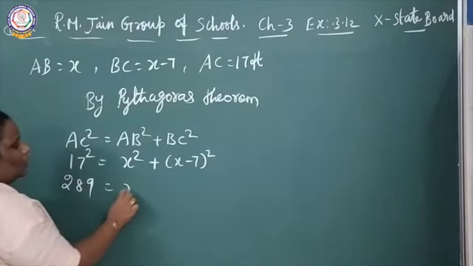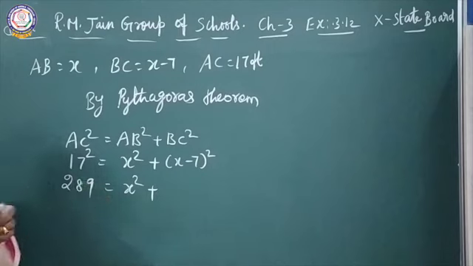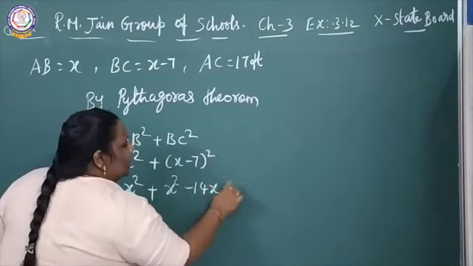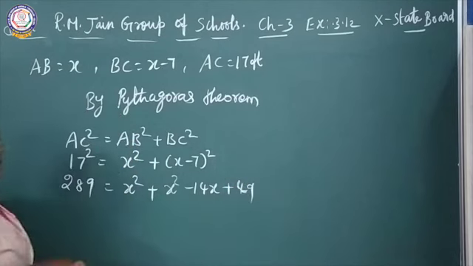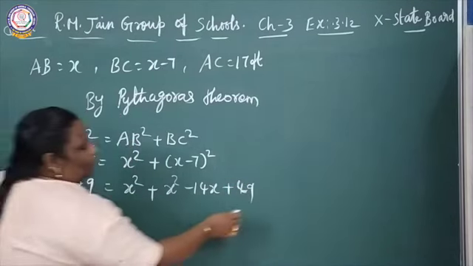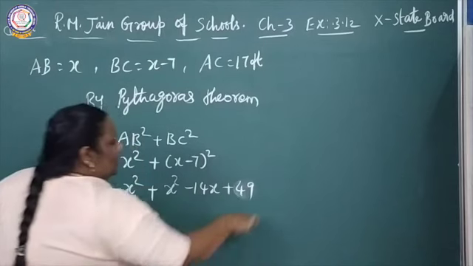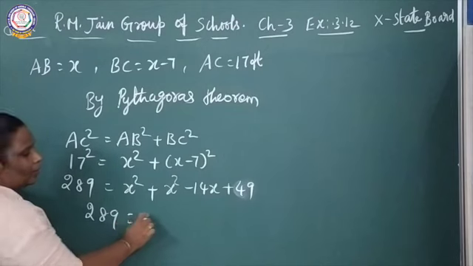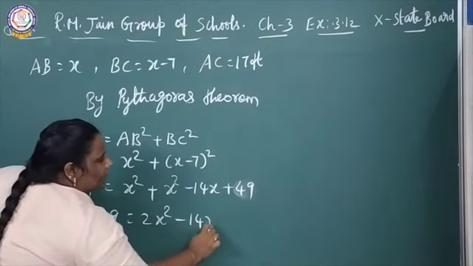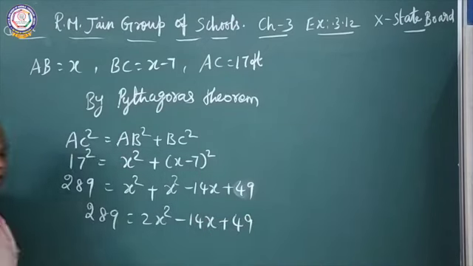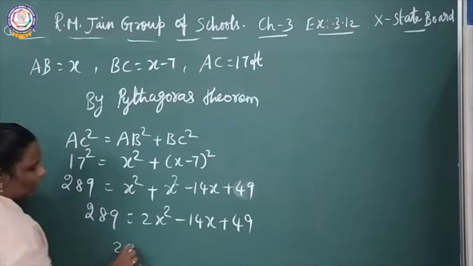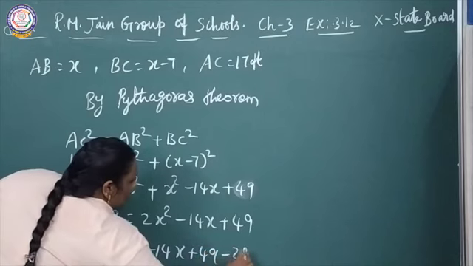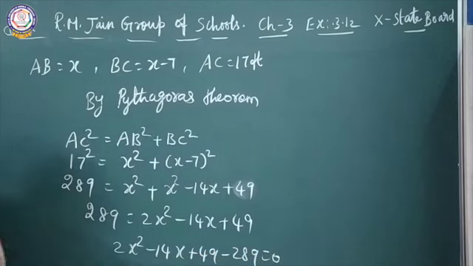289 equal to x square plus, by the a minus b the whole square formula, x square minus 14x plus 49. So 289 equal to 2x square minus 14x plus 49. 2x square minus 14x plus 49 minus 289 equal to 0.